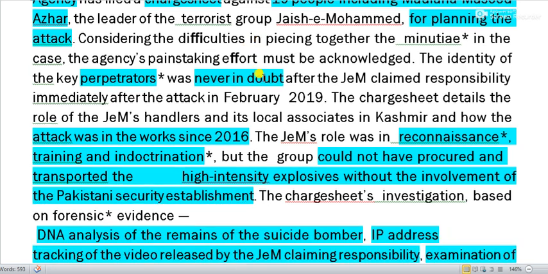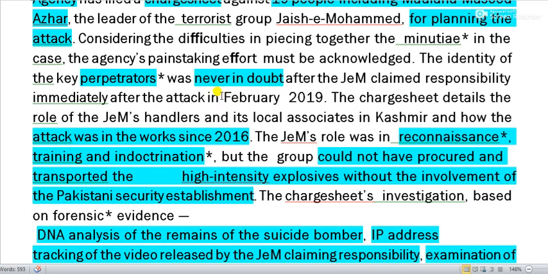The identity of the key perpetrators was never in doubt after JEM claimed responsibility immediately after the attack in February 2019. So it says that the allegation against those who designed the attack was never in doubt because way back in February 2019 itself, the JEM claimed responsibility for the attack.